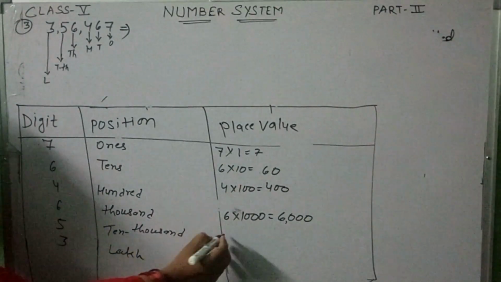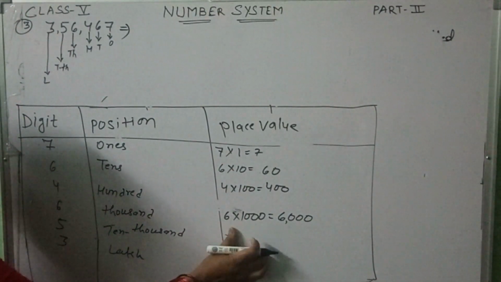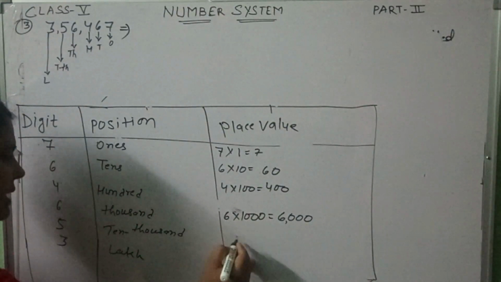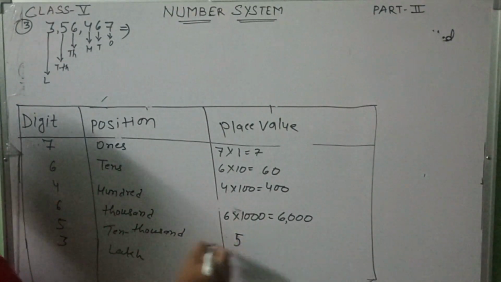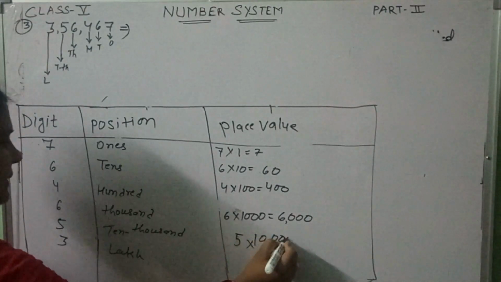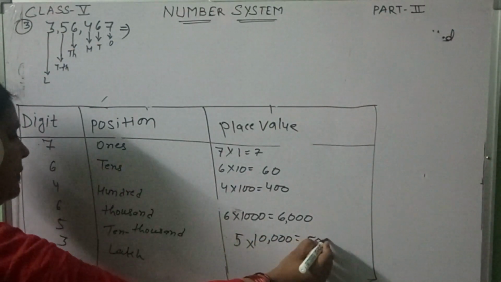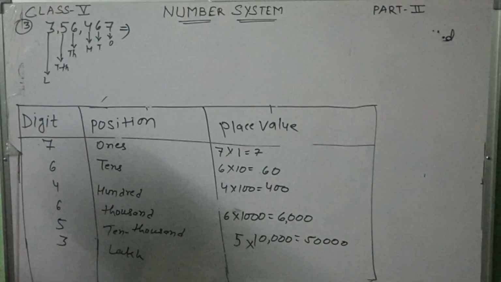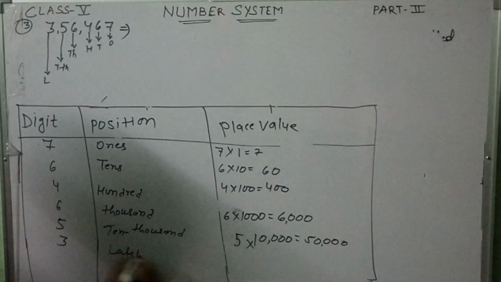Okay. Then the next one is 5, 10,000. 50,000. Okay. After that 3 lakh.